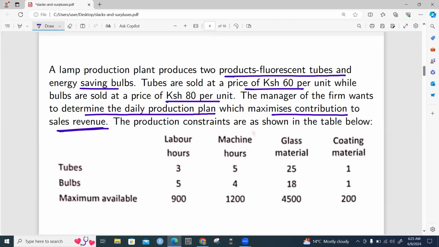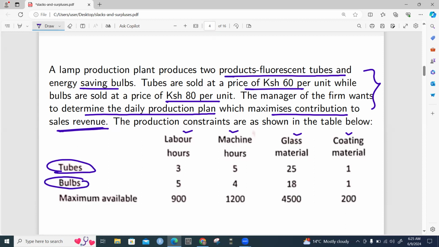So the entire narrative is summarized in a table where we have a number of resource constraints: the labor hours, the machine hours, the glass material, and the coating material, against the two products, the fluorescent tubes and the energy-saving bulbs.